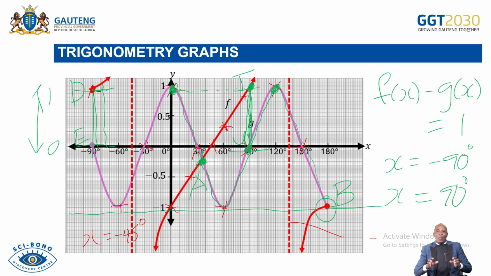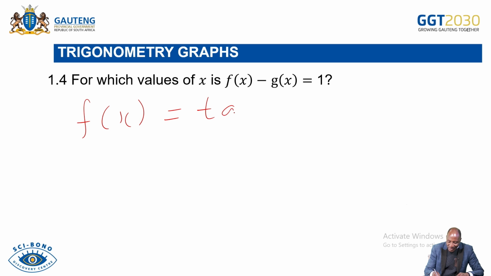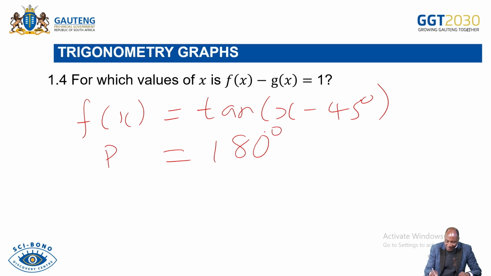You are going to go back to the tangent graph alone, which is, let me quickly come here. Your tangent graph was, let's say, f of x is equal to tan of x minus 45 degrees. You look at the period of this graph, it is 180. It's a standard tangent graph shifted forward by 45 degrees.